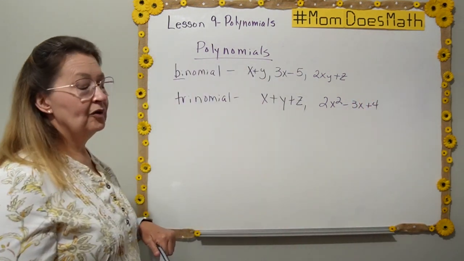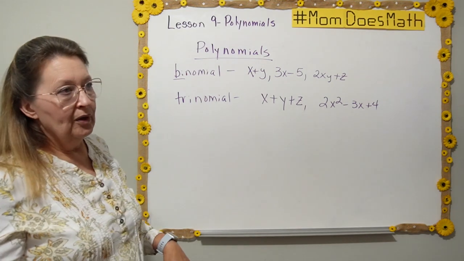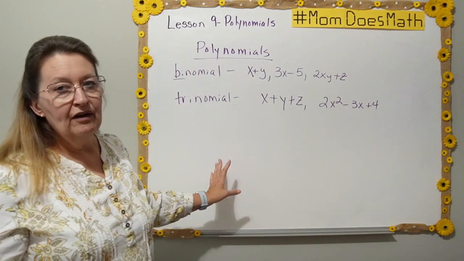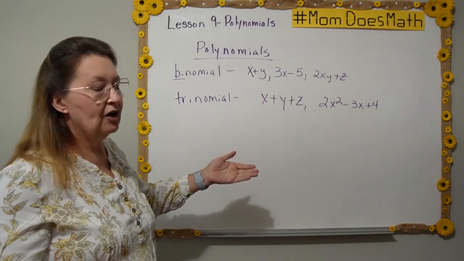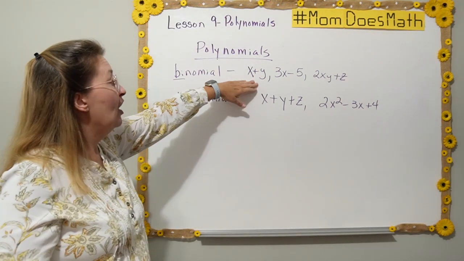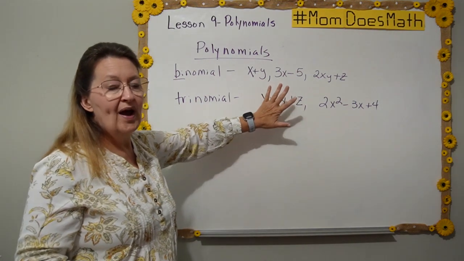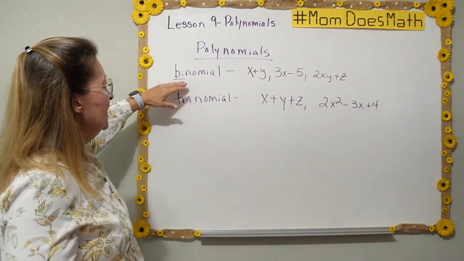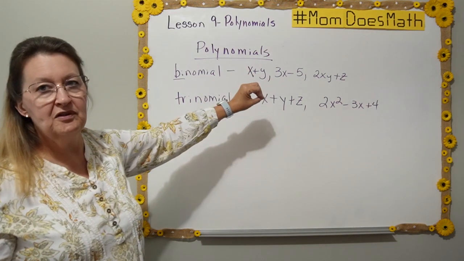That's a trinomial. Okay. Now, what if you have more than 3? Well, we just call all of those, everything else, just a polynomial. Okay, just many terms. These can be referred to as polynomials. We just have special terms for the bi and the tri because we use them so much.